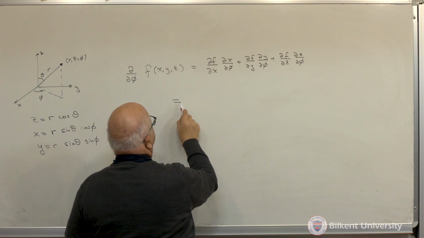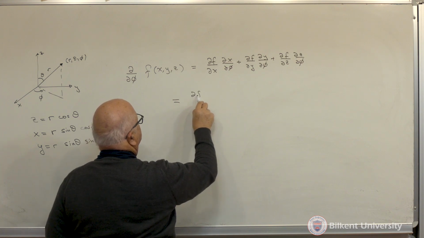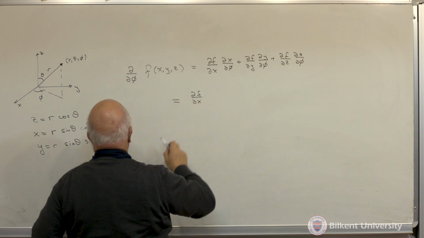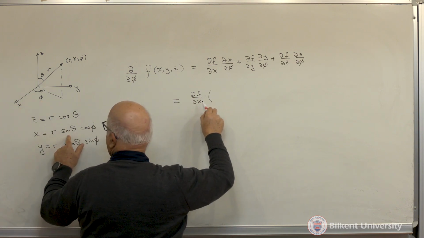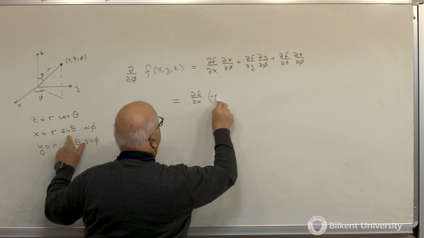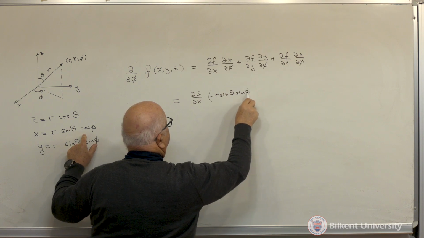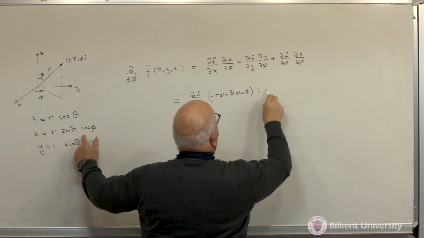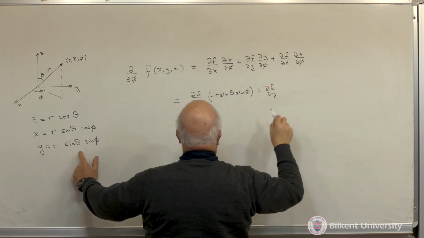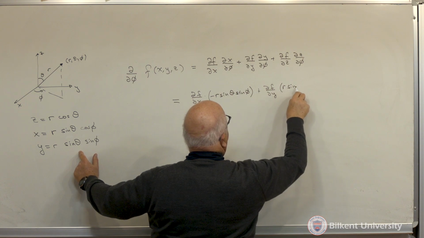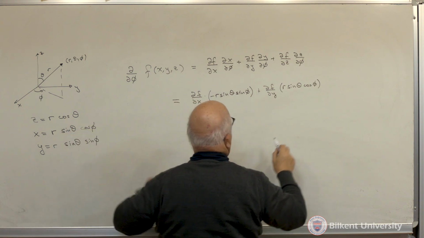So let's just look at that. Del f over del x times del x over del phi, which is going to be minus r sine theta sine phi, plus del f over del y times r sine theta cosine phi, and finally 0.